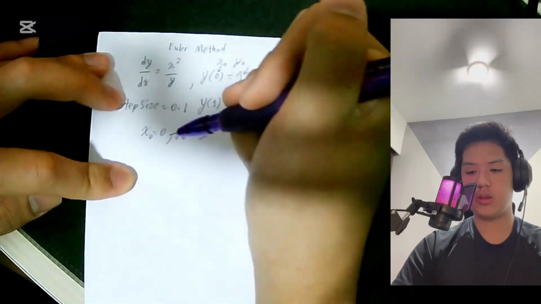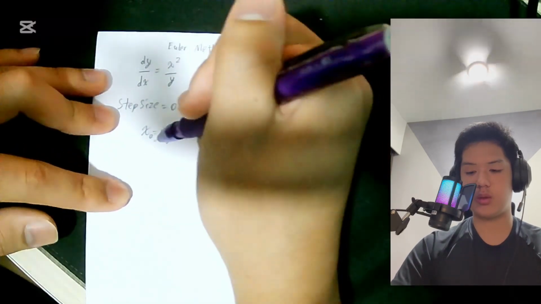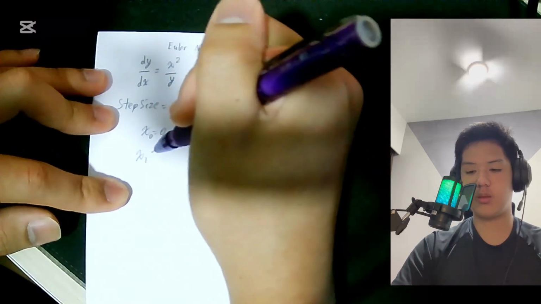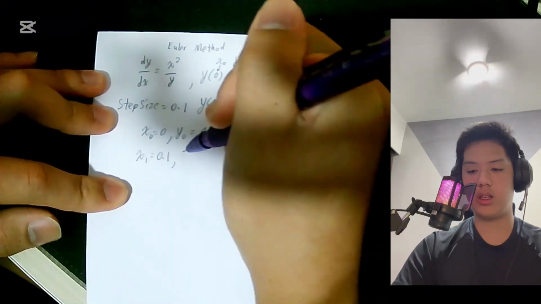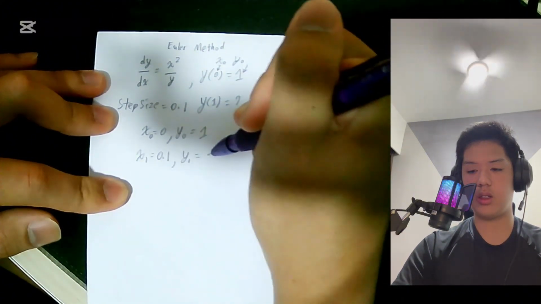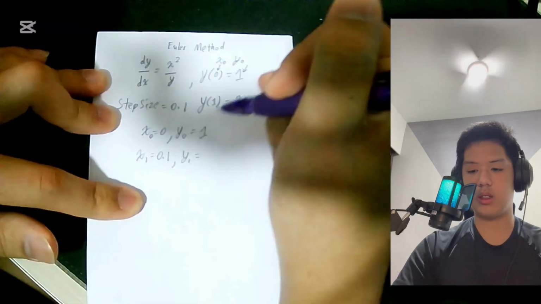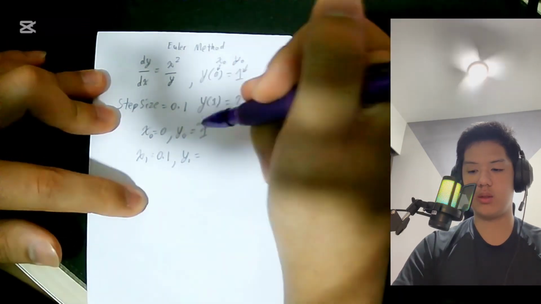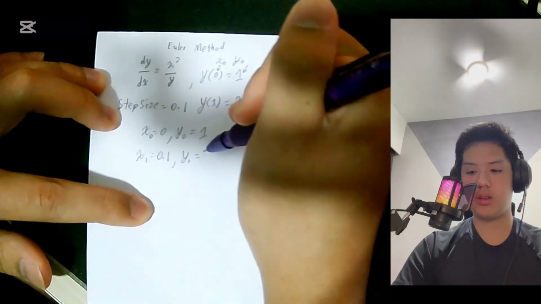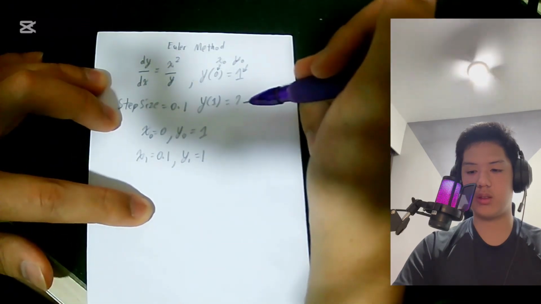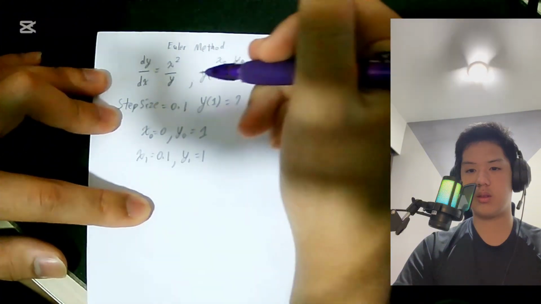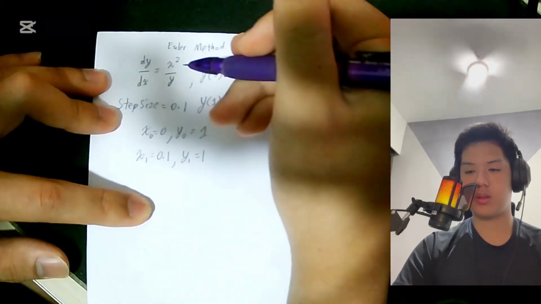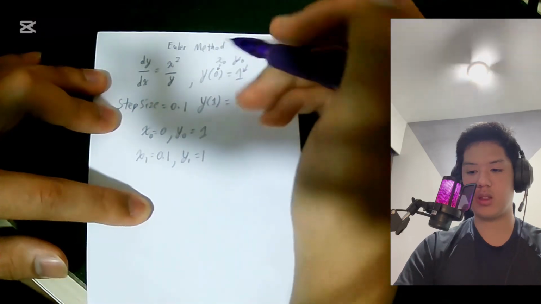0.1. And so what will happen next is that x1 will increase by 0.1, while y1 will follow the dy over dx value, because there's also the f value, plus whatever the x0 and y0 value was.